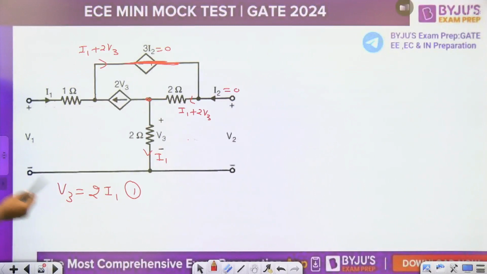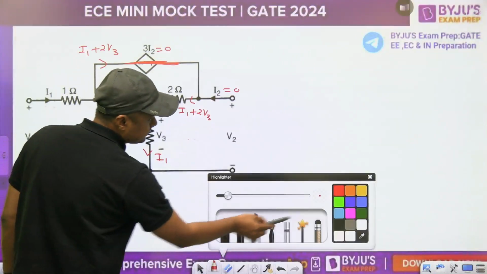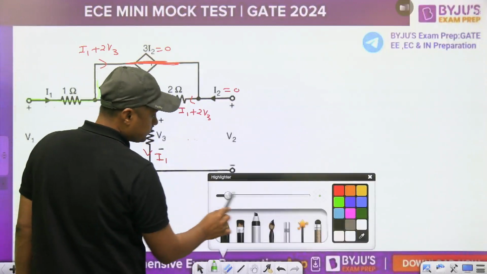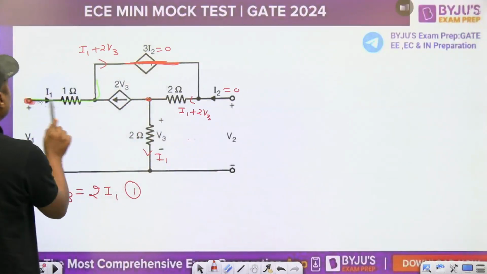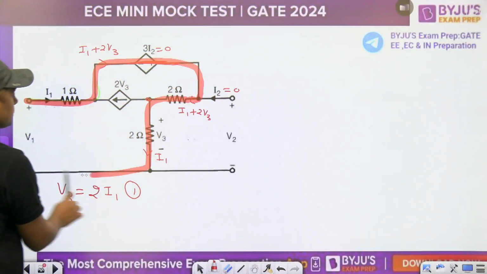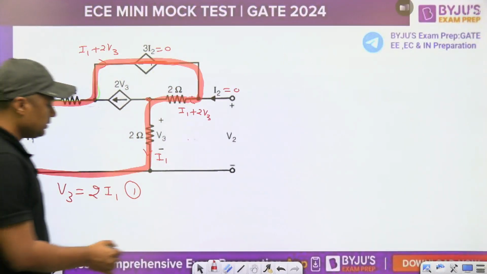Now, second equation, you can write a KVL here. You can write a KVL in this loop, from this point to this point to this one. So what is the KVL here?